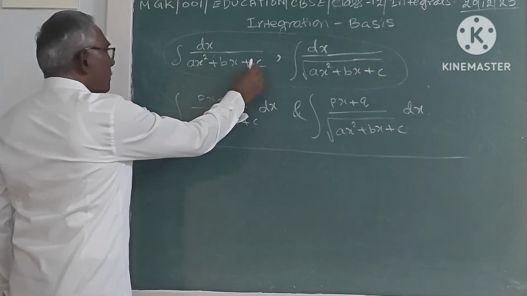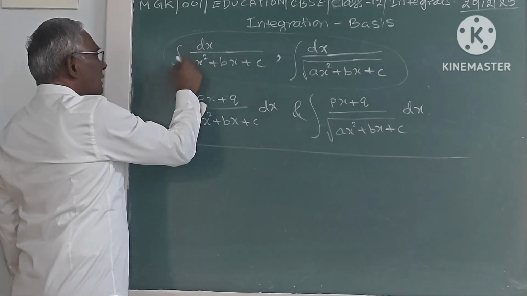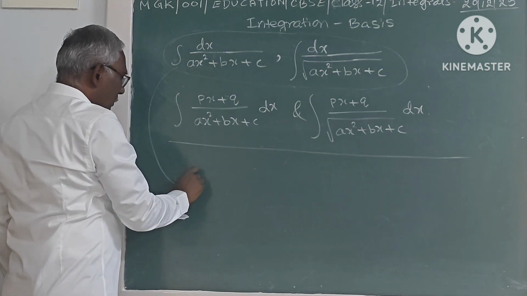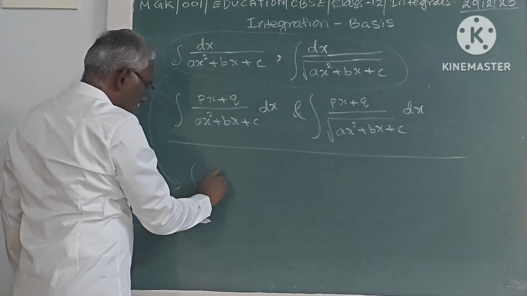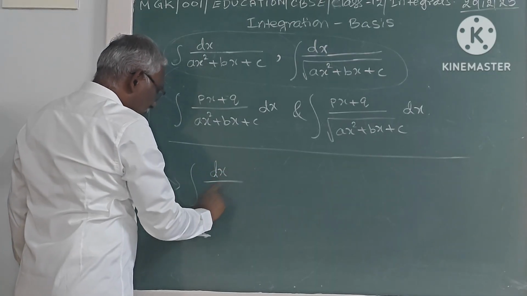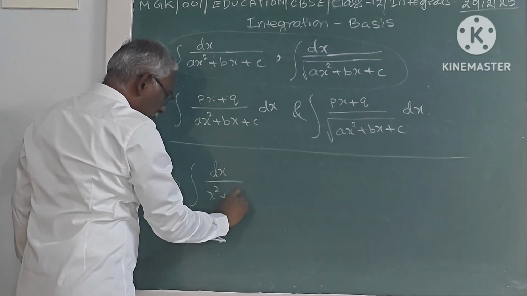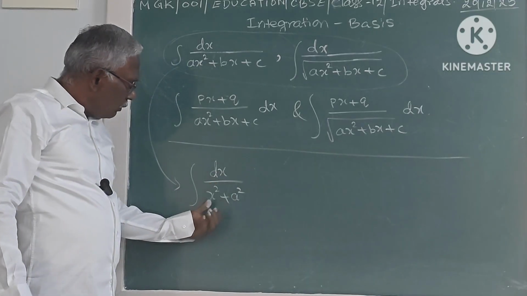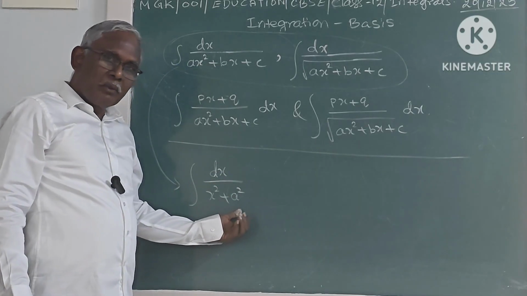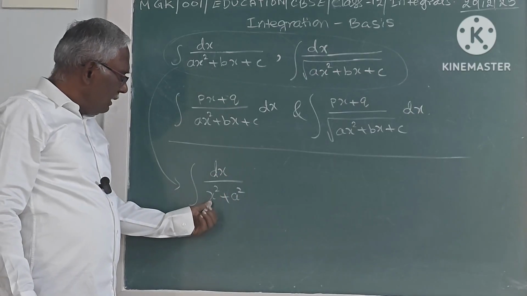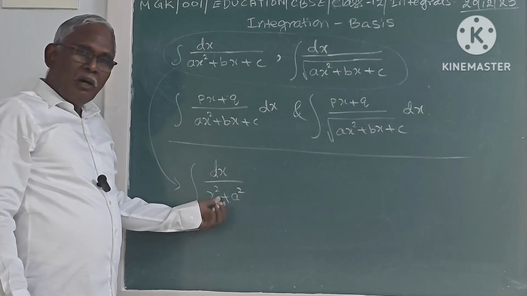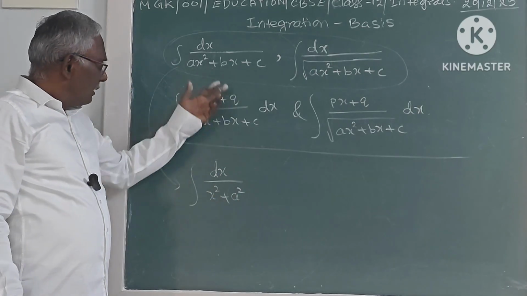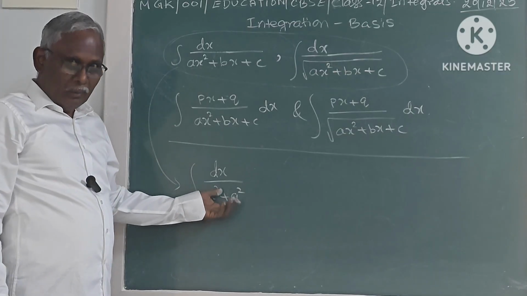After simplification, this integral reduces to integral dx by x square plus a square form, or integral dx by x square minus a square, or integral dx by a square minus x square. Out of these three, it will reduce to any one of those three forms.